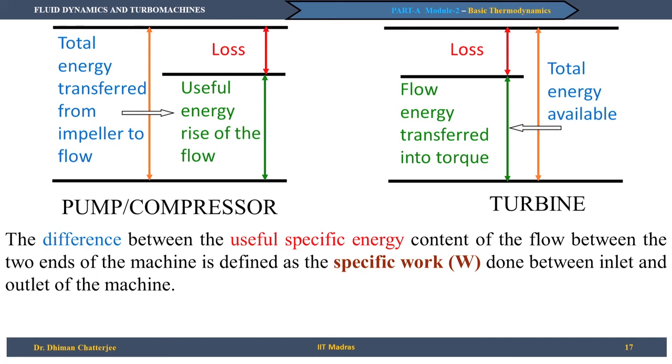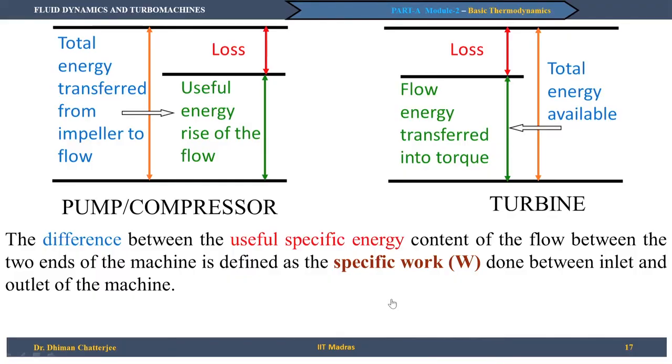You are making the measurement, let us say you are doing an experiment, you find out by some means, we will talk about it later when we talk about the experimental procedures, the energy content of the flow that comes into the turbomachine and the energy content of the flow that leaves the turbomachine. Now find out the difference between the useful energy and divide it by the mass flow rate, we get the useful specific energy.